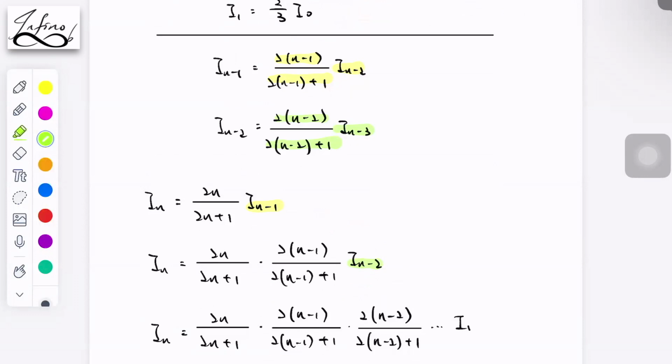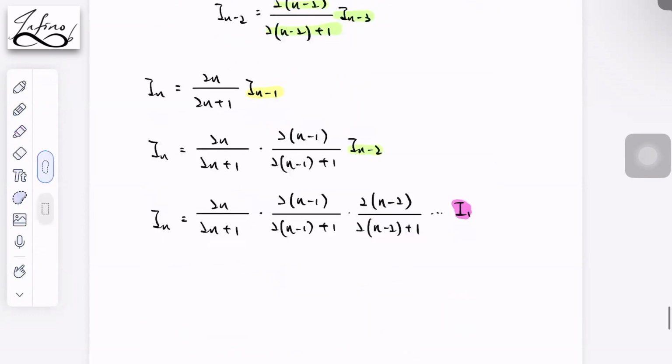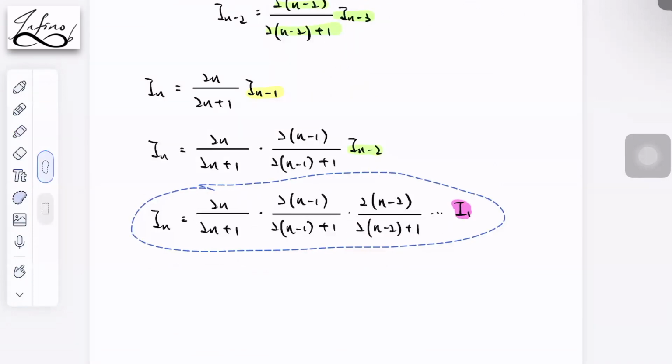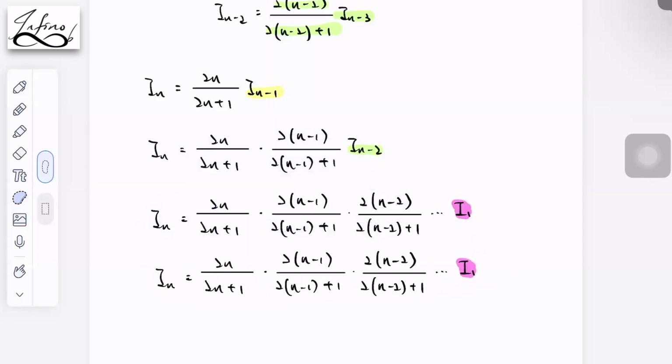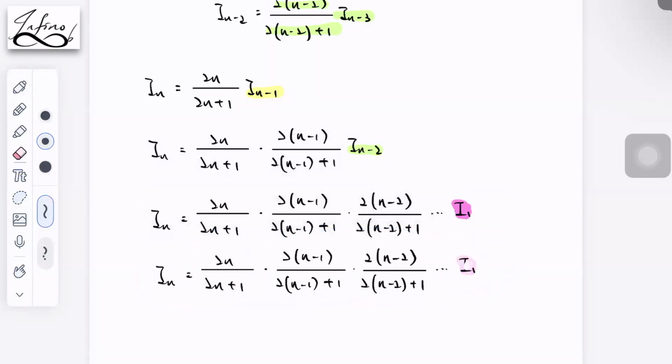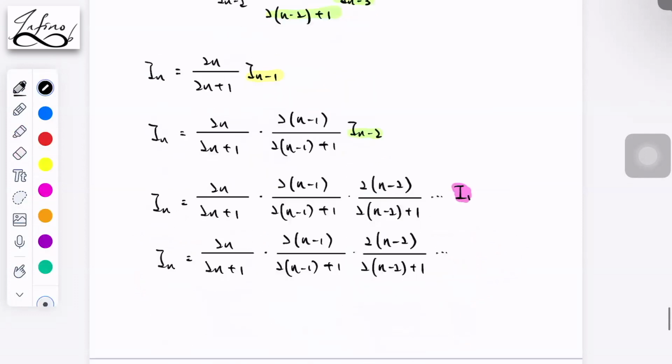I1 indeed is this, and that's why I can further replace I1 in terms of I0, which is 2 over 3 I0.